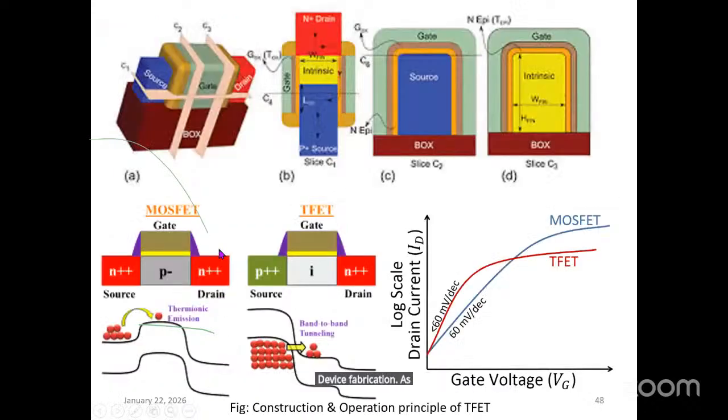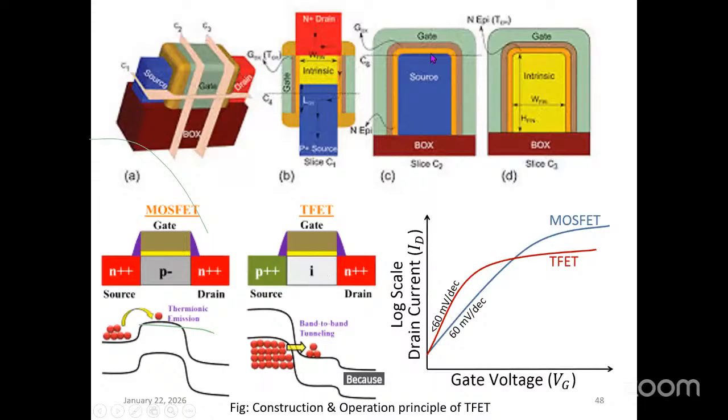as shown here. This is MOSFET. This is the gate. For MOSFET, it is source, drain, and gate. And this is the tunnel FET. There is a gate. This is the source. This is the drain. And in between is intrinsic material.